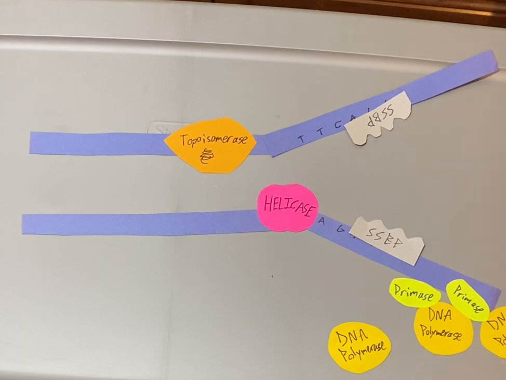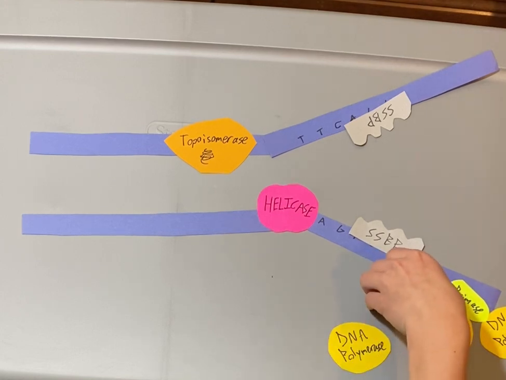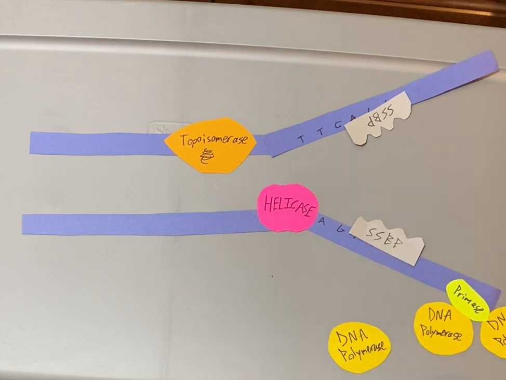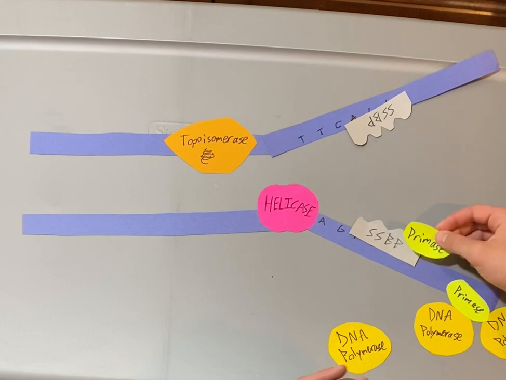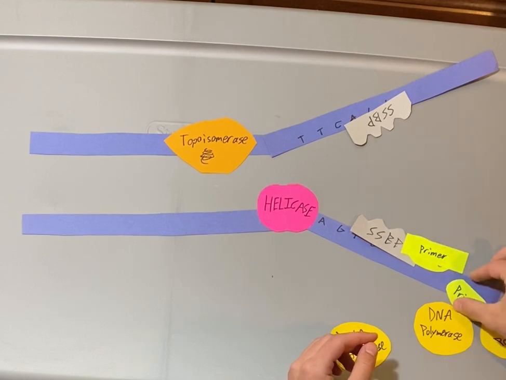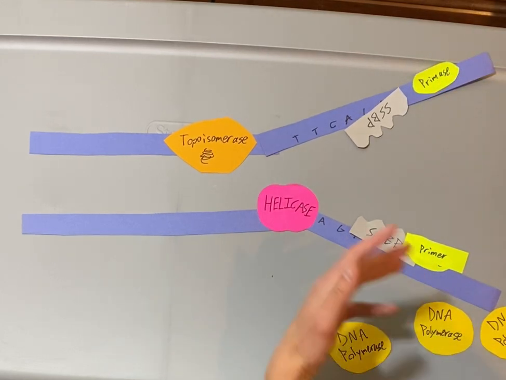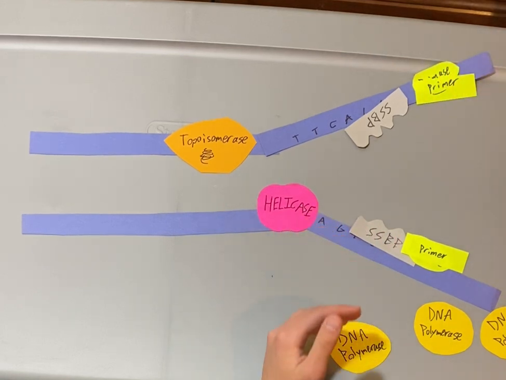So primase right here produces a primer which attaches to the half DNA strand. Primase produces a primer, right, which is just an RNA strand, which allows DNA polymerase to know where to go, where to bind, and where to begin its work in replication.